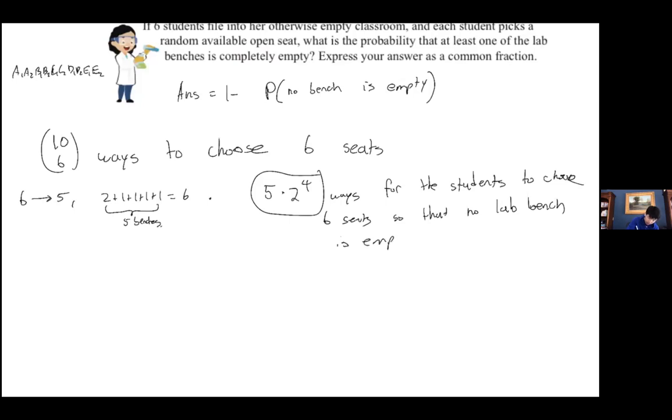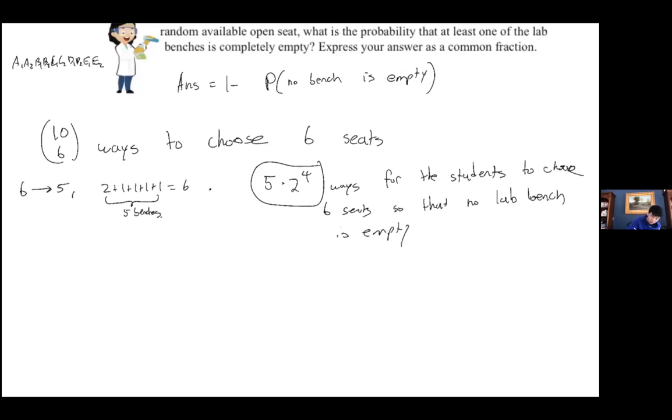And now we just compute the final answer, which is 1 minus the probability that no bench is empty, which is 5 times 2 to the 4th over 10 choose 6. And then you evaluate this.